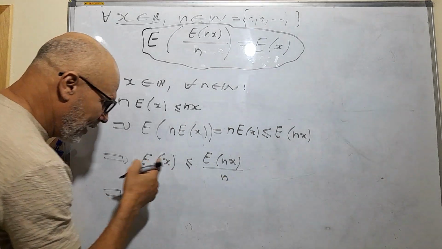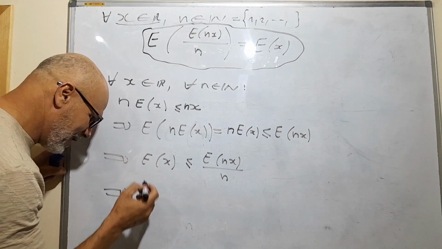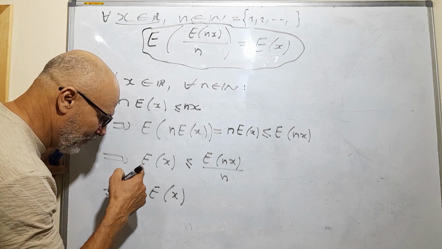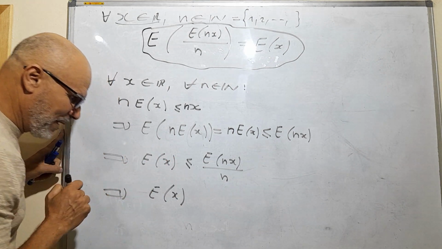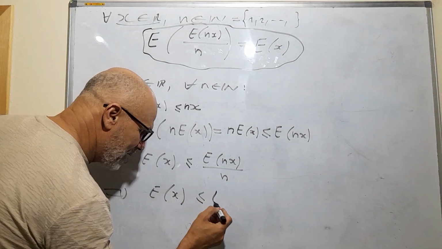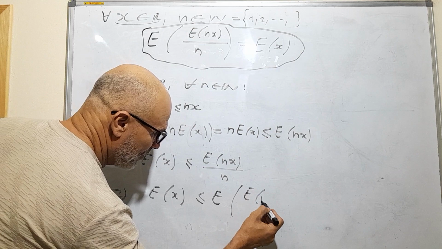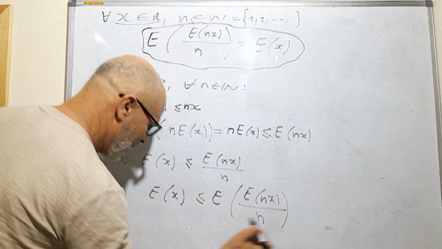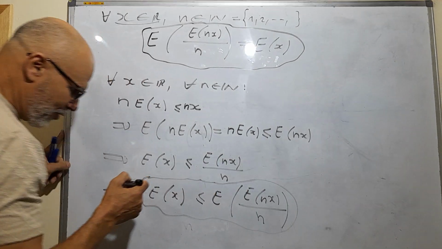Then the integer part of this element is equal to itself, since it is an integer. So we get that the integer part of x is equal to the integer part of x, and this is less than or equal to the integer part of nx over n. So this is the first inequality.